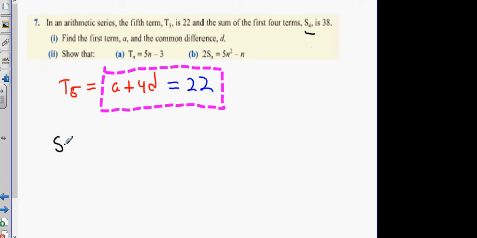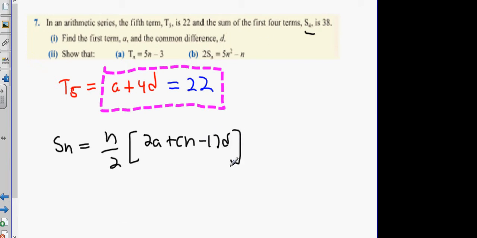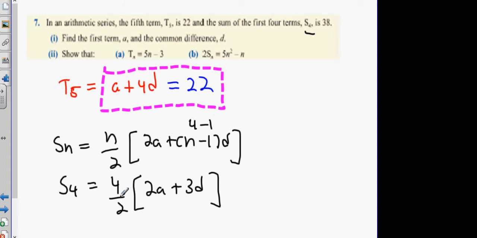Now, Sn is n over 2 into 2a plus n minus 1 times d. You read that it's S4, so replace all n's with 4. 4 over 2, 2a. Now, it's going to be 4 minus 1 times d, which is 3d.